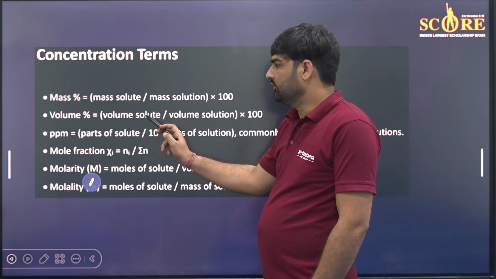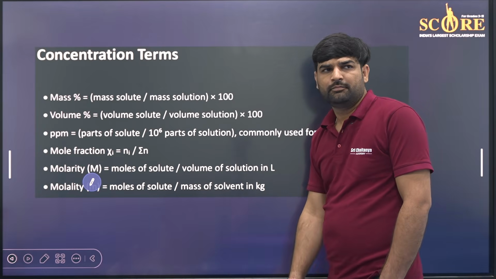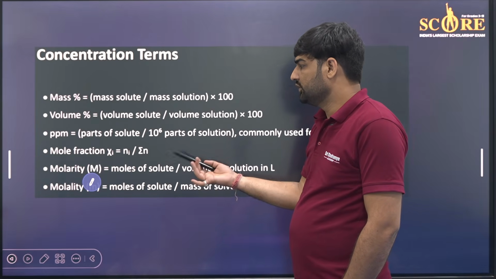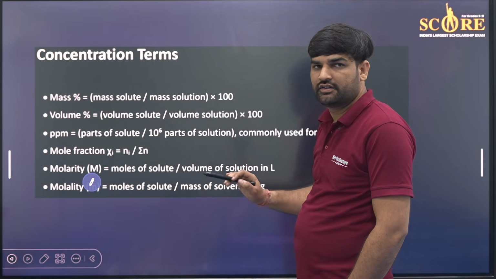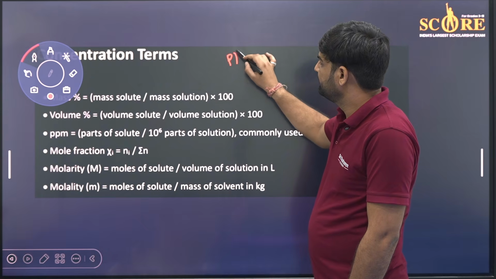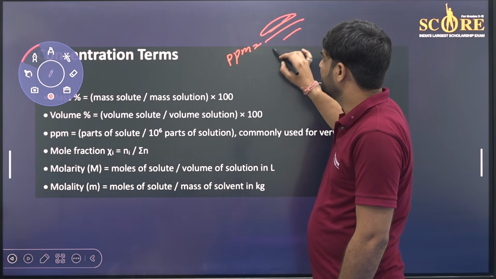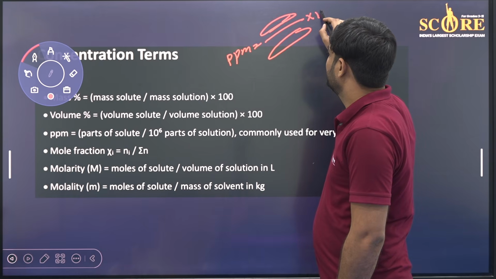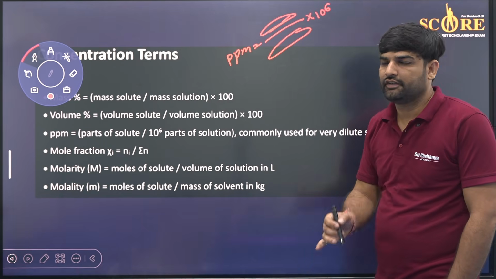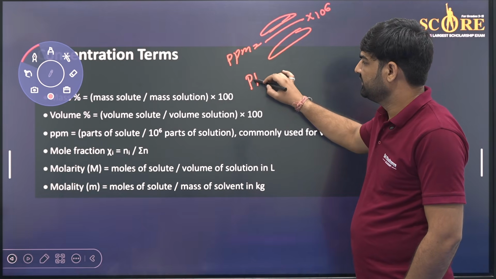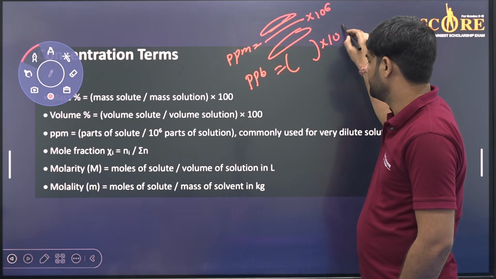Percentage volume: volume of the solute divided by volume of the solution multiplied by 100. ppm: parts of solute per 10 raised to power 6 parts of solution. It means ppm is mass of solute divided by mass of solution multiplied by 10 raised to power 6. If you have to define ppb, then you can say this multiplied by 10 raised to power 9.